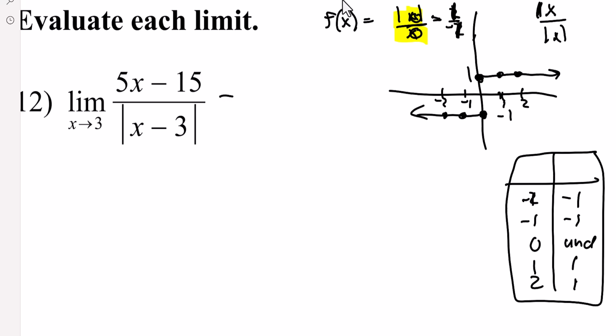When you've got this, the first thing I'm going to want you to do is factor out a 5. This 5 right there acts as a slope. So now this graph is going to be up here and down here at 5 and -5.